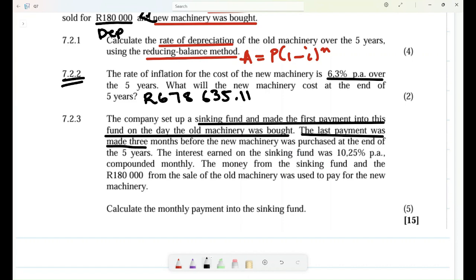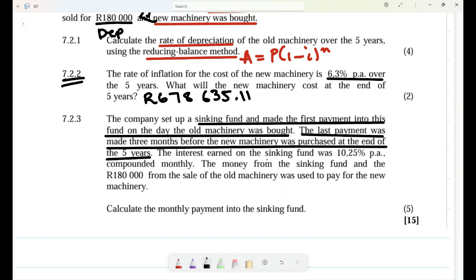Let me reread this. The last payment was made 3 months before the new machinery was purchased at the end of the 5 years.